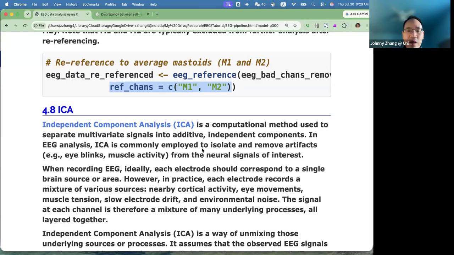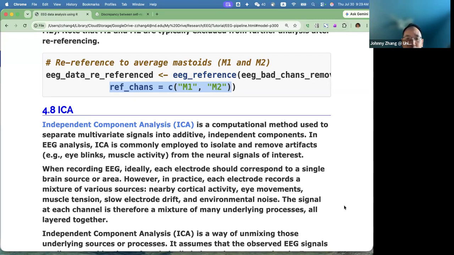ICA is basically a statistical method. It's not directly developed for EEG data analysis. It can be used for many other types of data analysis. And the reason ICA is useful for EEG data analysis is because ICA can be used to separate signals.